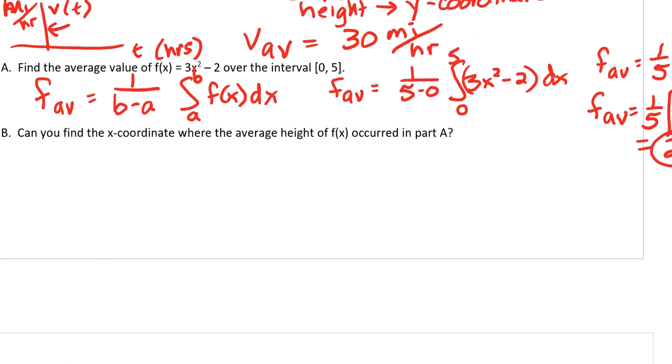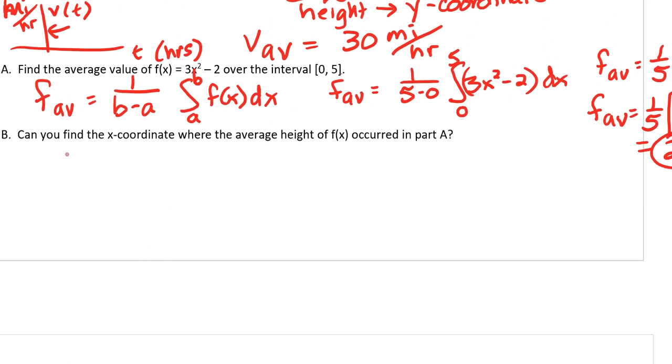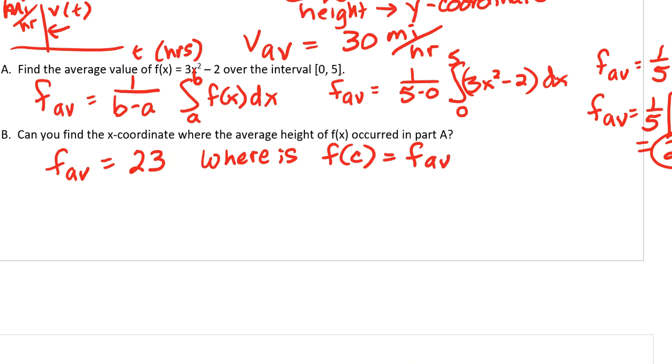This is a pretty simple question now that we've done part A. We already found in part A that the average height of that function was 23. So this question is saying, where is f of c equal to f average? Our function evaluated at c is 3c squared minus 2.